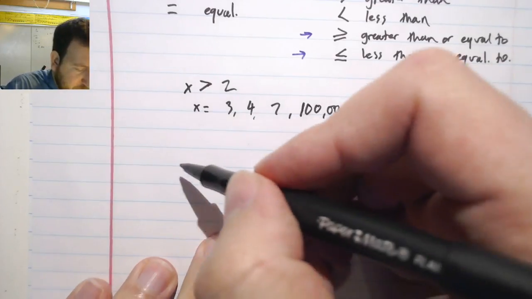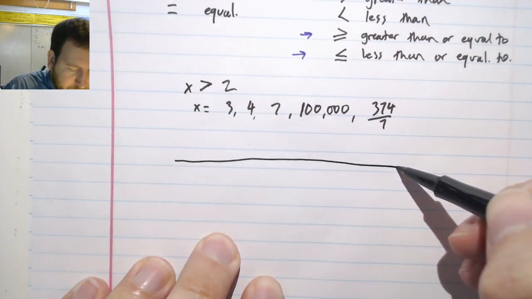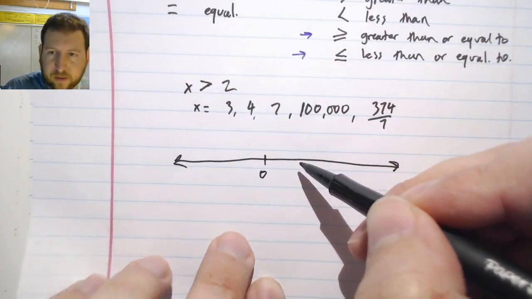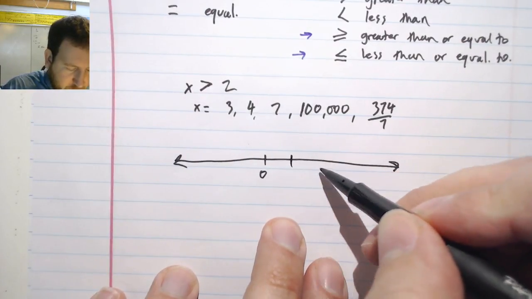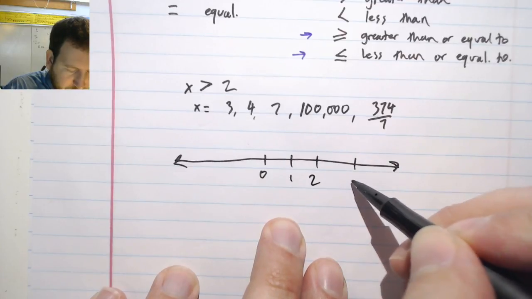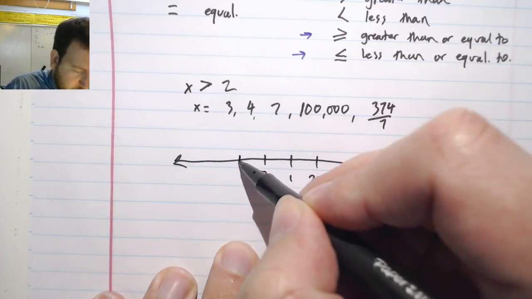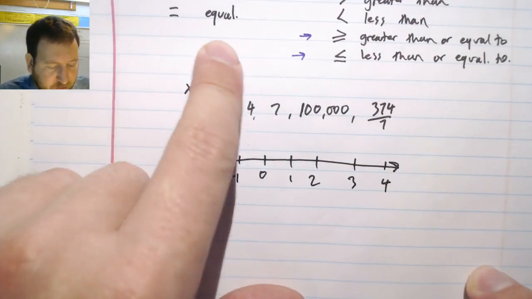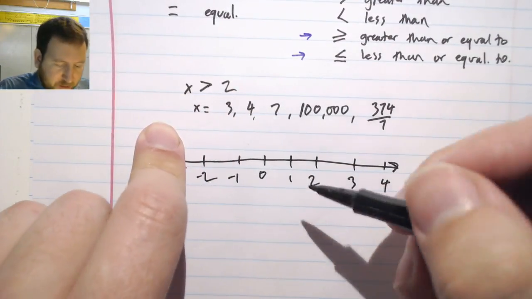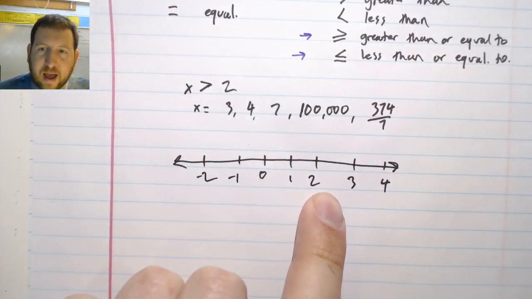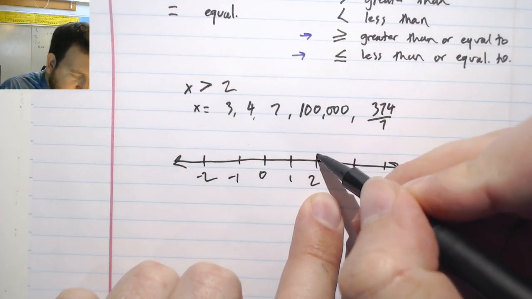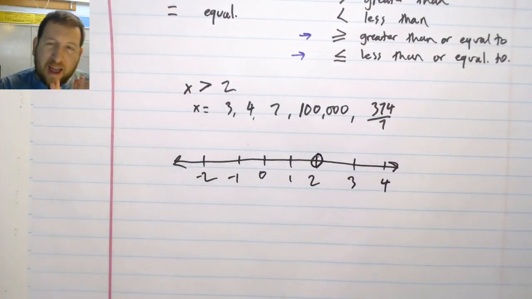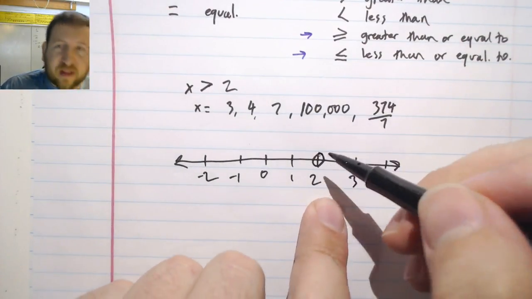Well, we're going to use a number line. And our famous number line, I'm going to go 0, 1, 2, 3, 4, -1, -2. And the way that I can do this is x is greater than 2. So that means I'm going to go to where my 2 is, and I'm going to circle that number 2. Because in this case, x can't be 2, but it's everything from 2 up.